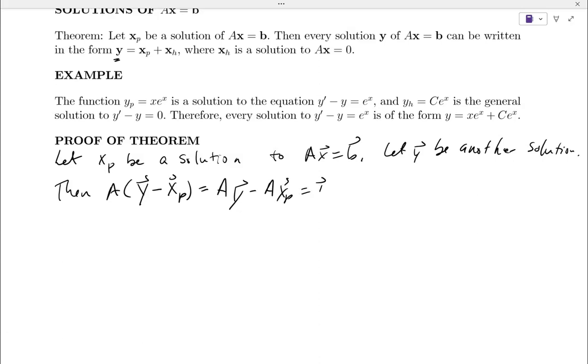Each of those is a solution to Ax equals b. So A times y has to give me b. A times x sub p has to give me b. So each of those is b. Subtracting gives me 0. I said that wrong.